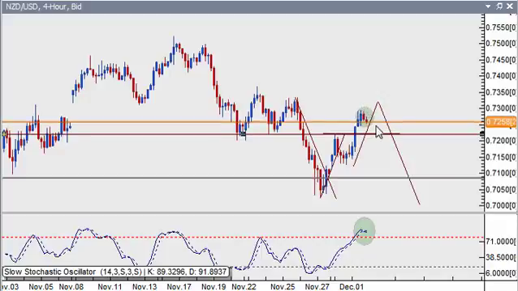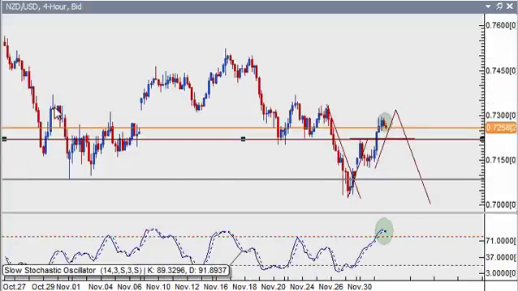So if the market can support the pair here, we basically invalidate our short-term bearish outlook and reestablish more of a ranging outlook, which would actually be short-term bullish, up to head to 0.7450.